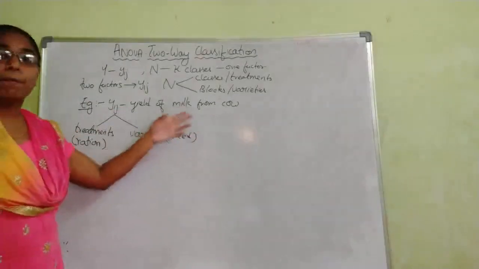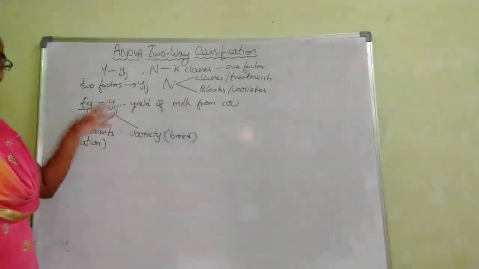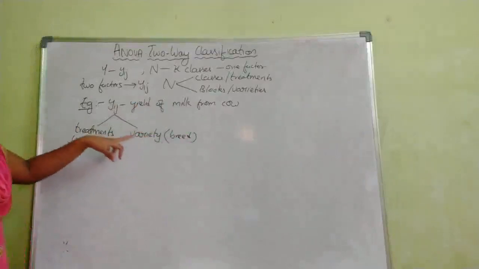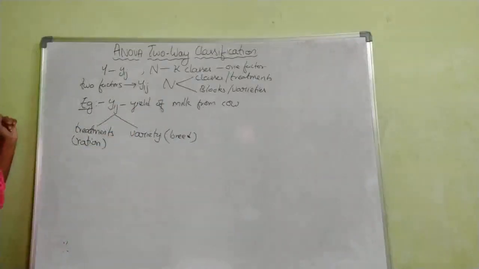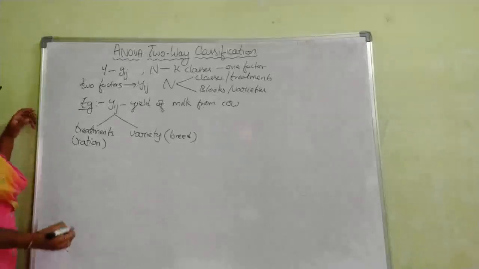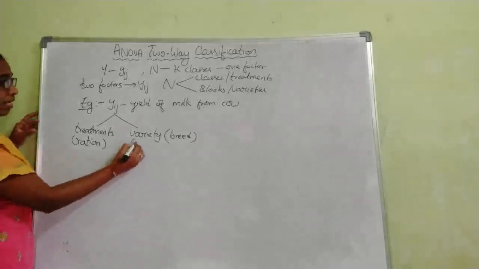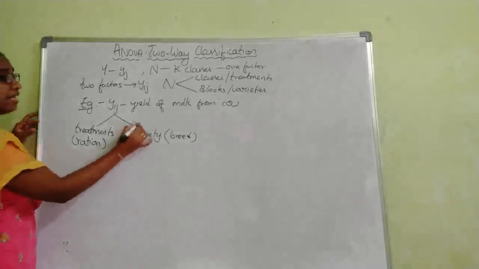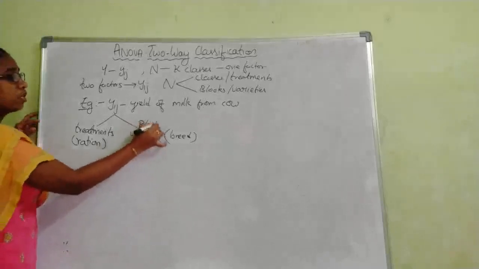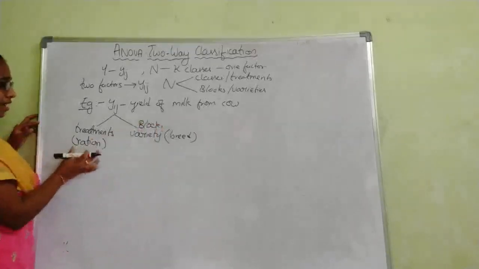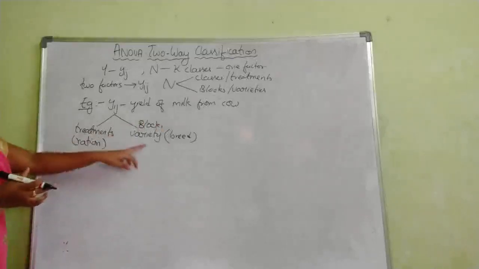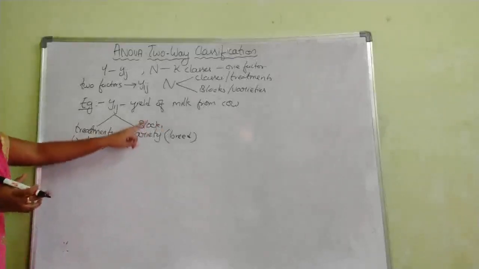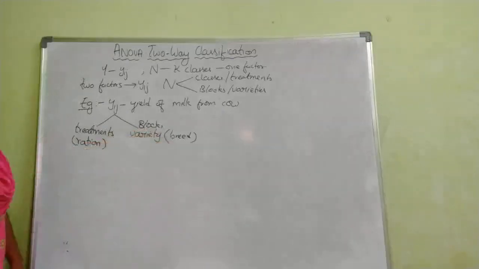So based on the breed of the cow, which is called the variety, the amount of milk is given. So this we are denoting as blocks. Varieties means blocks. Here treatments means the ration which we are providing for the cow, and varieties means the blocks, that means the breed or the stock of the cows.